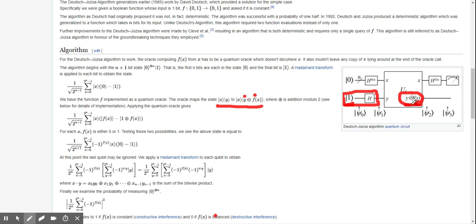What that literally means is that, if that is your input, initially you've got a superposition with everything.